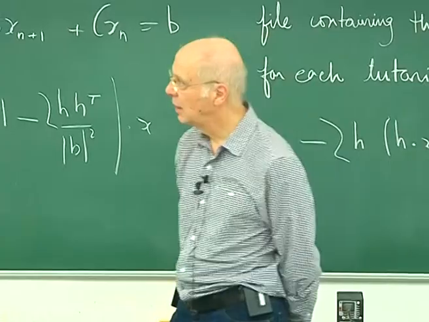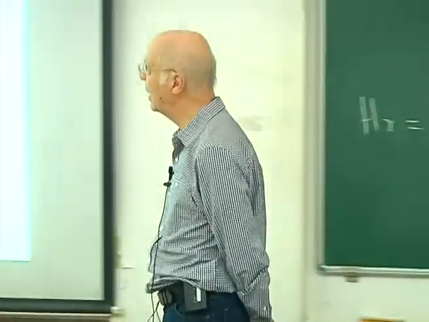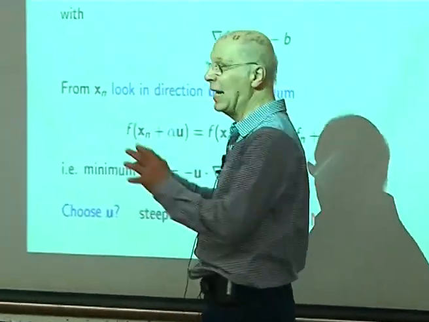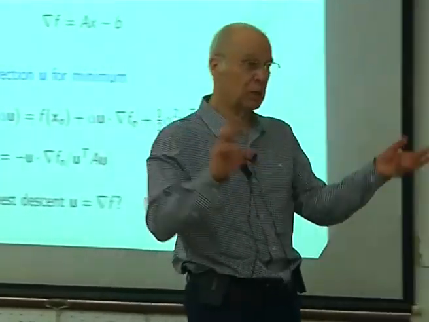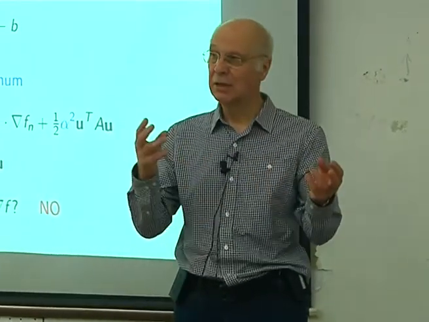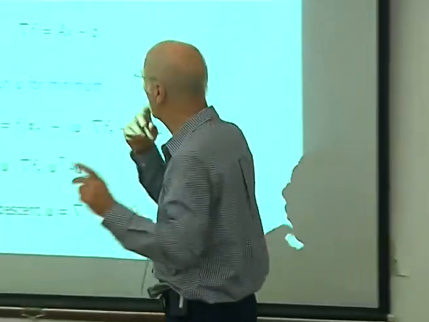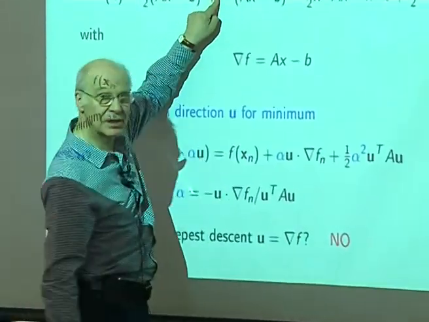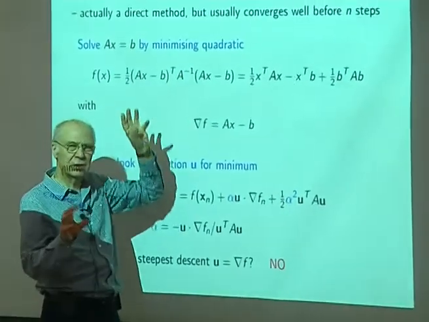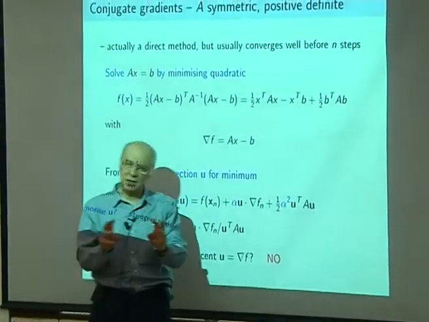Right. So to solve Ax equals B, we essentially form Ax minus B squared. We're going to try and minimize Ax minus B squared. But it's not quite that. There's an A inverse sitting in the middle. So there's a way of measuring the size of Ax.